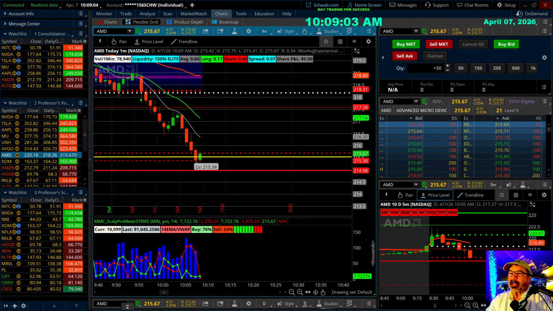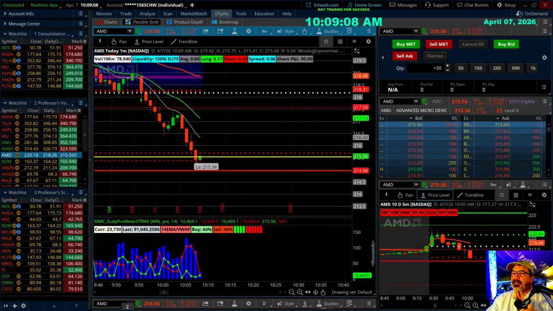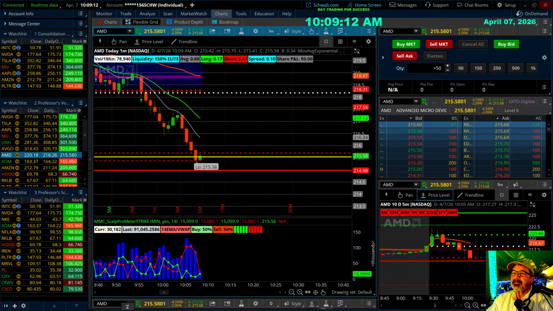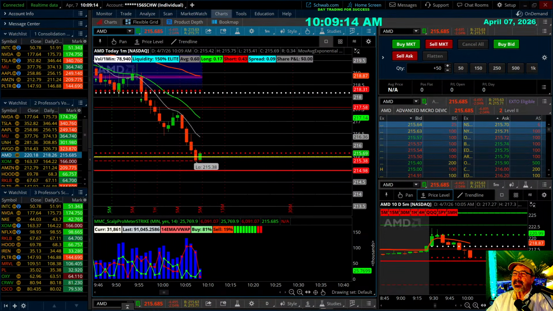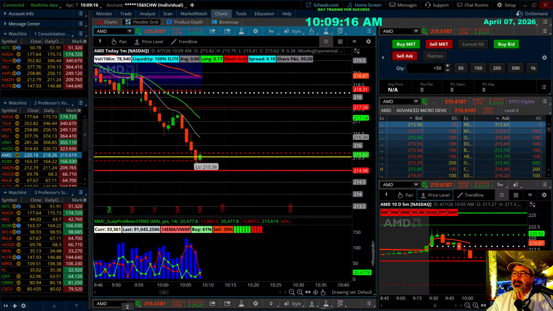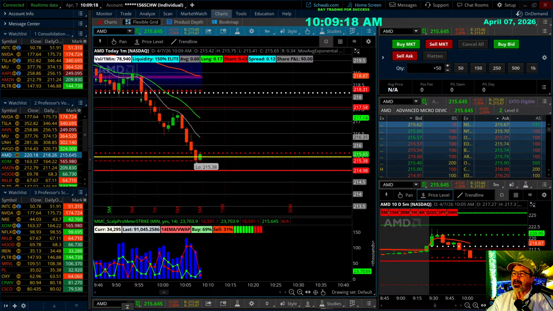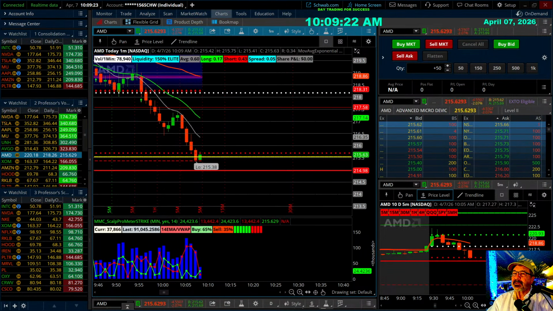So NVIDIA's acquisition sparks fresh fears over fairness in the AI chip race. Citigroup maintains a neutral on AMD, lowers price target to 248. Well, that's still well above this.